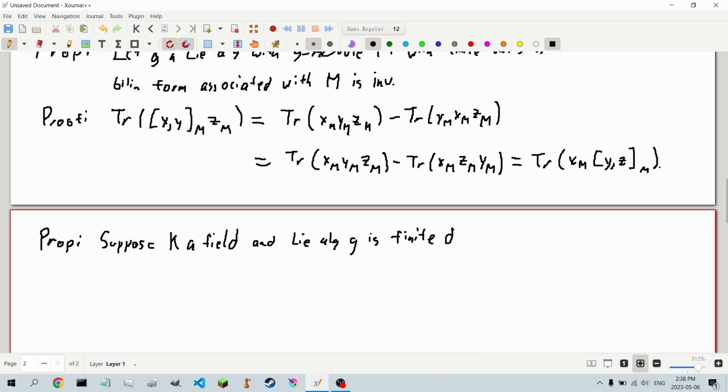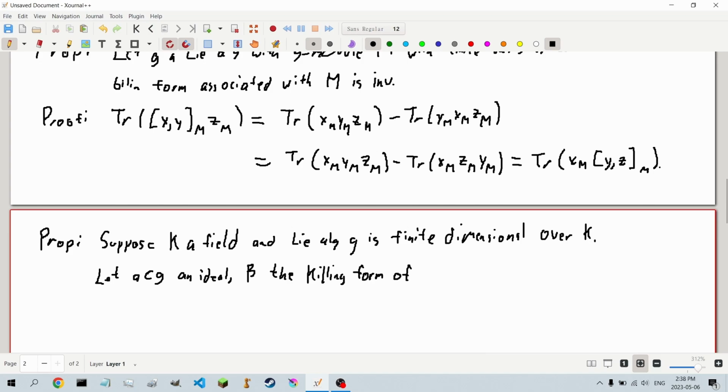I'm guessing with respect to K. Yes, indeed, over K. So we're going to let A be an ideal of G. Beta the killing form of G, and beta prime the killing form of A.